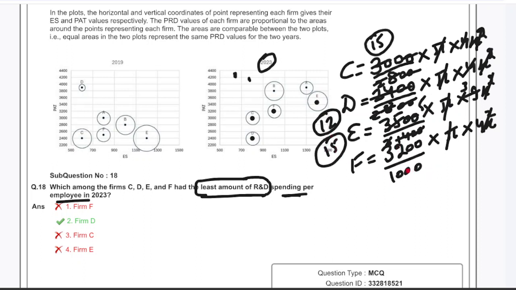For F, 64 by 5, that is 12.8. So the lowest we are getting is for D, the answer is D. That is the answer. Once again, the calculation part, nothing else.